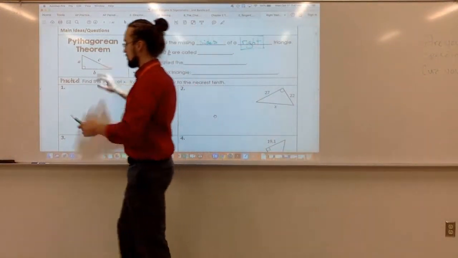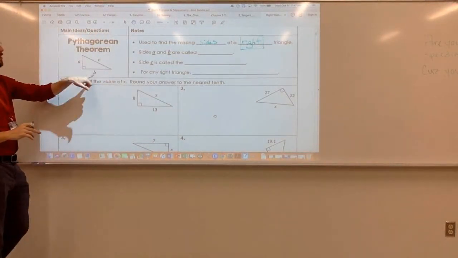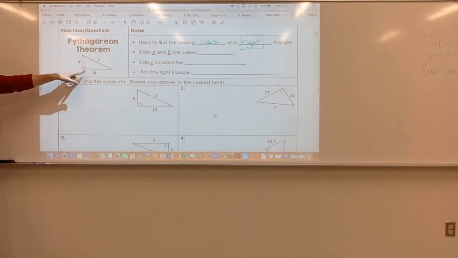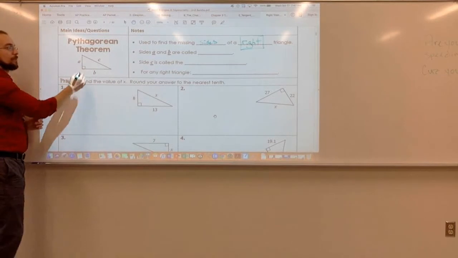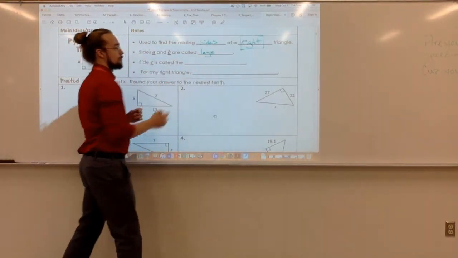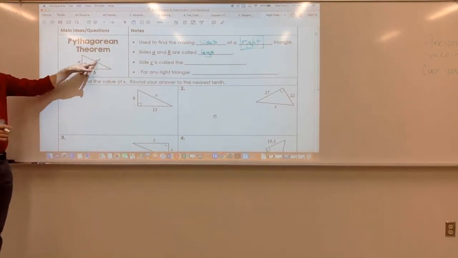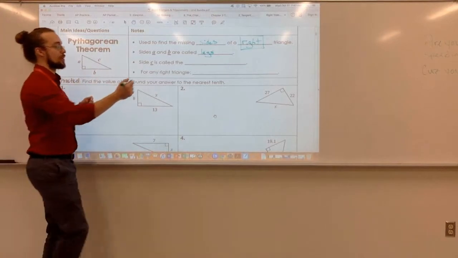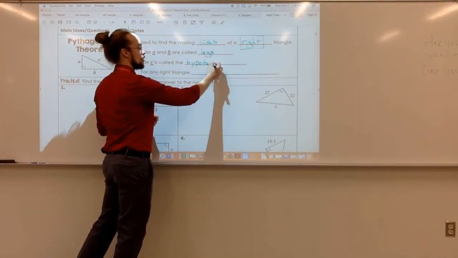Now, if we look at this model of our right triangle, we've got our sides labeled as A, B, and C. A and B, the two sides that make up the right angle, those are called legs. And side C, the side that is opposite the right angle, the one that's not touching the right angle, is the hypotenuse.